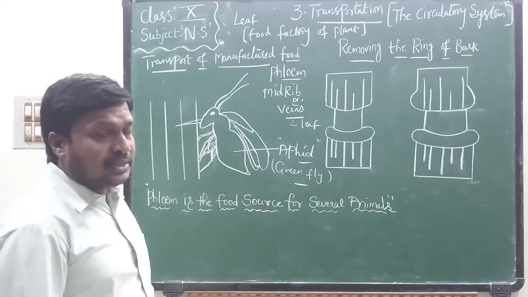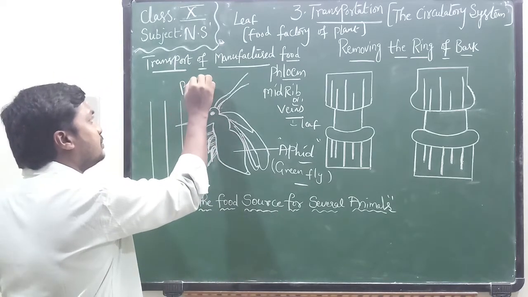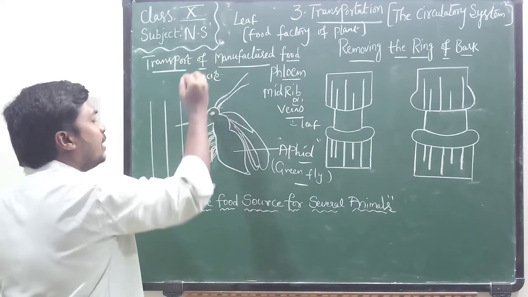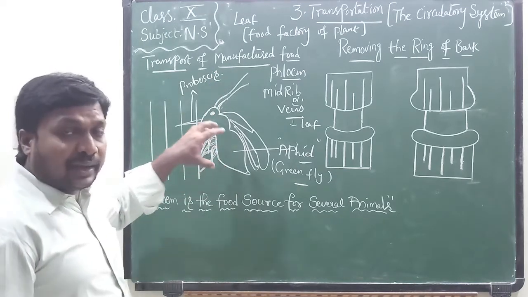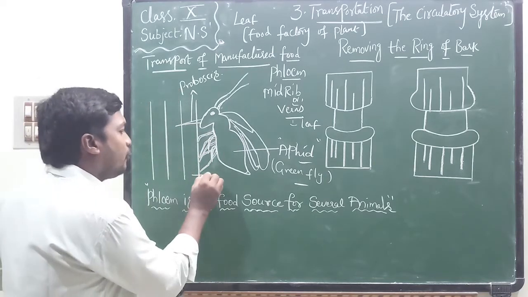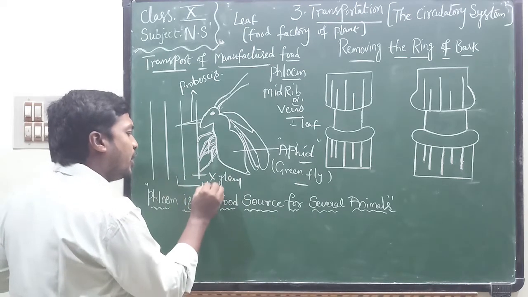If you observe aphids, we can find a needle-like structure called proboscis. Aphid introduces the needle-like structure called proboscis into the phloem tissue. This is the xylem tissue and this is the phloem tissue.